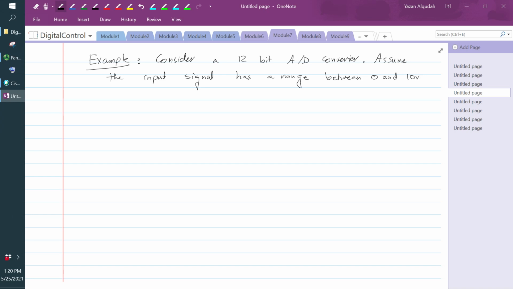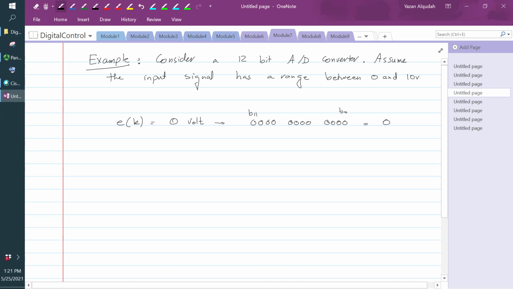So if I have, for instance, E of k equal to 0 volt, this is my input signal, or the sample that I capture from my signal E of t, and it happens to be 0 volt, I'm going to use 0, 0, 0, 0, since we have 12 bits, twelve zeros, to represent this 0 volt. This is B0 all the way to B11. And this has an equivalent value of 0.